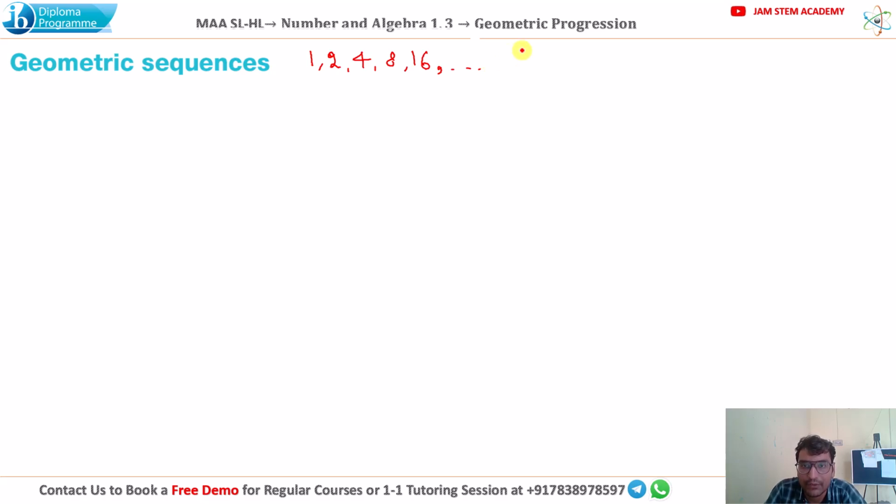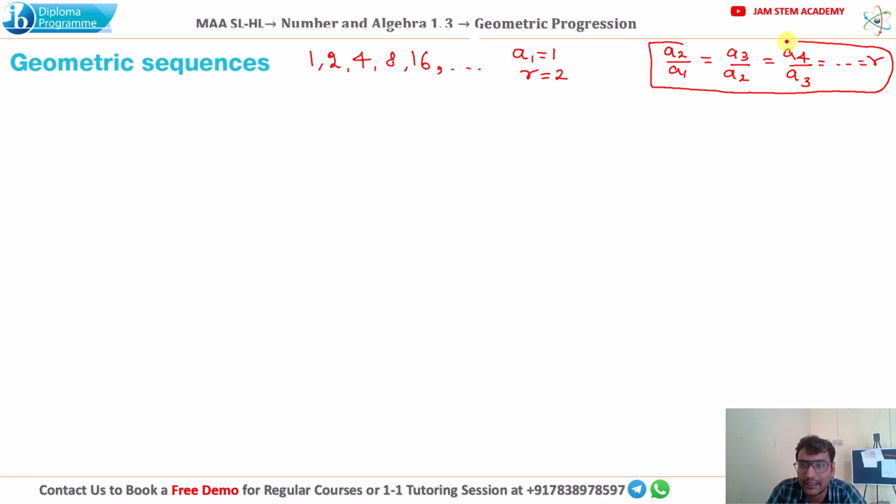So here the first term, let's say a1, is 1 and the common ratio this time is 2. In order to get the common ratio, you can always divide a2 by a1, or a3 by a2, or a4 by a3. You will always get the same answer, that is your common ratio. In that case only the sequence is a GP. If you are not getting the same ratio, then it is not a geometric sequence.